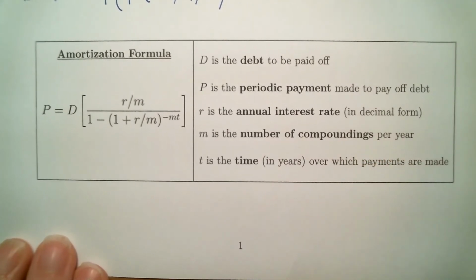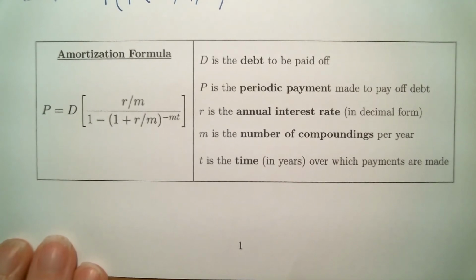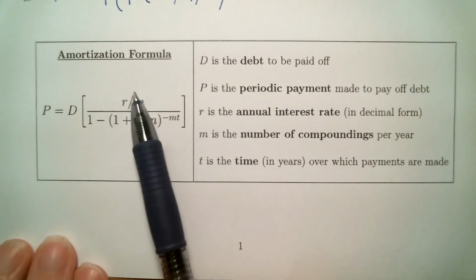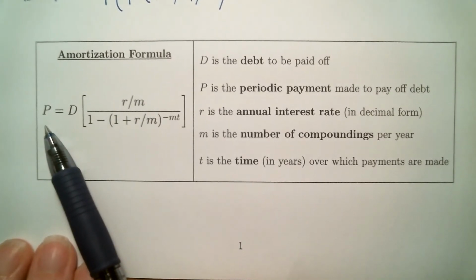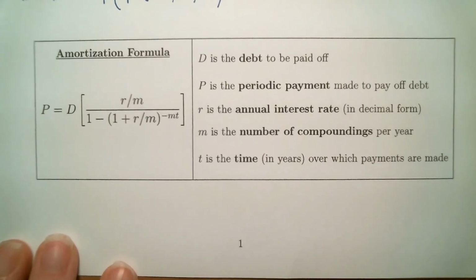One formula is going to have the PV, the other formula is going to have the D. The other difference is that the present value of an annuity formula is solved for PV, which is D. In the amortization formula, the formula is solved for P. But they are equivalent formulas, which means you can use them interchangeably. Again, what you have to remember is that the present value and the debt are equivalent.